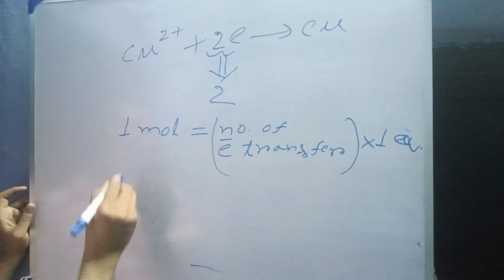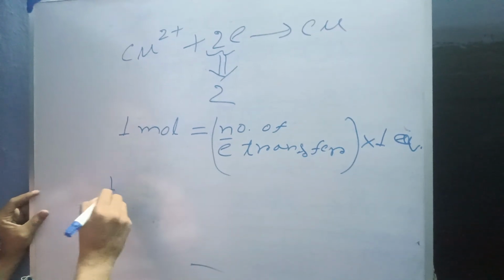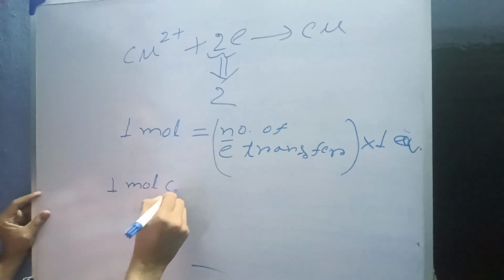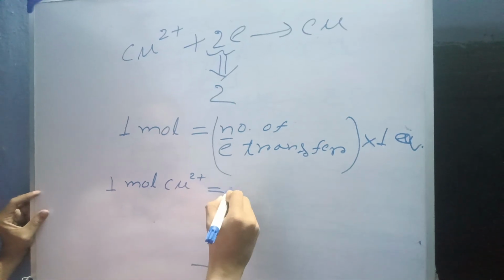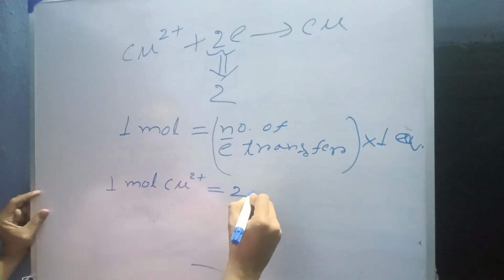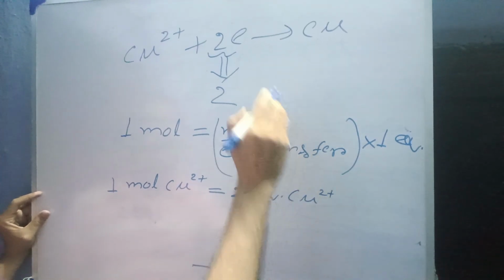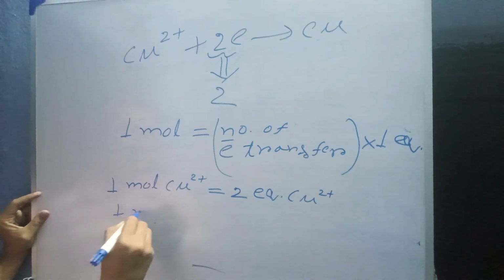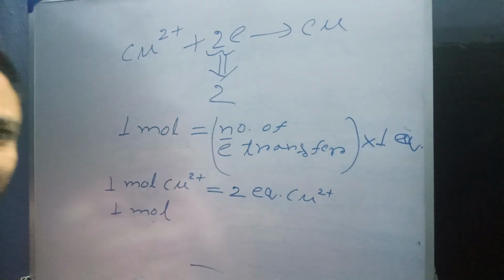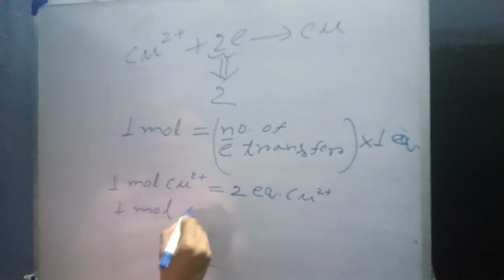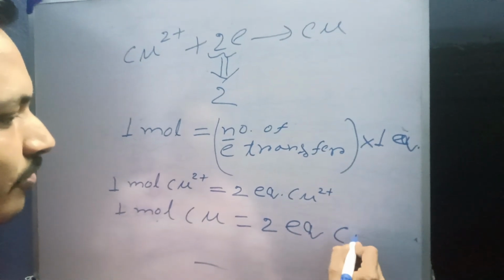As the number of electrons transferred is 2, 1 mole of Cu2 plus is equivalent to 2 equivalents of Cu2 plus. Similarly, to produce copper from Cu2 plus, the number of electrons transferred is 2, hence 1 mole of copper is equivalent to 2 equivalents of copper.